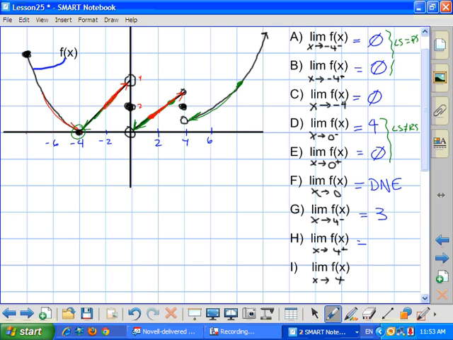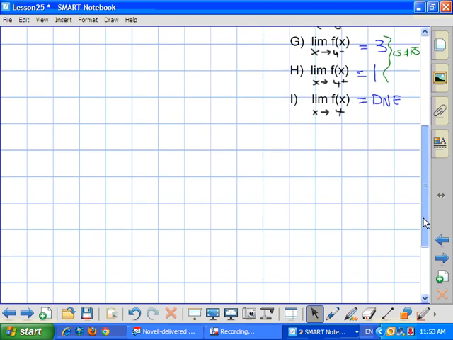And now it looks like it's going to have a value of 1. So once again, we have left side not equal to the right side. So when we ask what is the limit when x approaches 4, we would say does not exist. All right, so left side has to equal right side in order for it to exist.